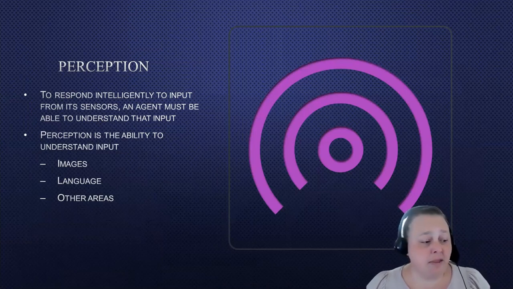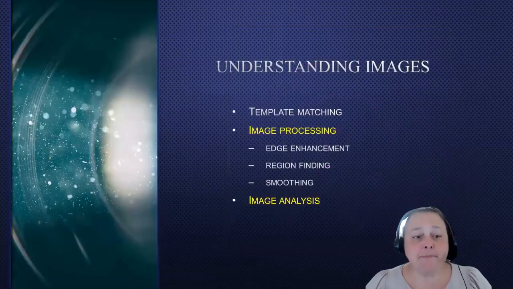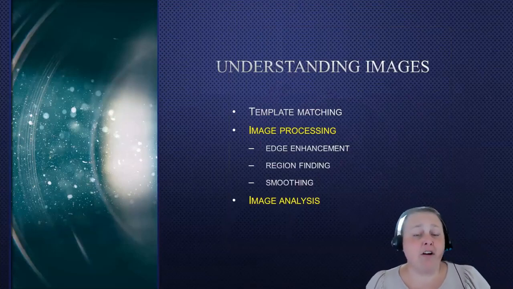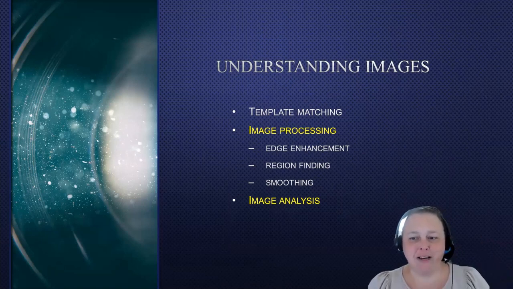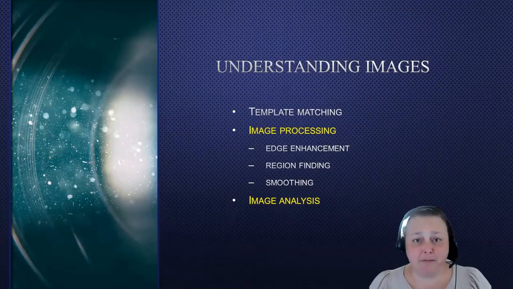So let's start with the area of images. When you understand an image, there are a few different ways that you can do it. There is template matching. In the case of our problem solving, our little numeric puzzle machine, possible interpretations are limited, right? Your numbers can only be in one of the 9 positions.